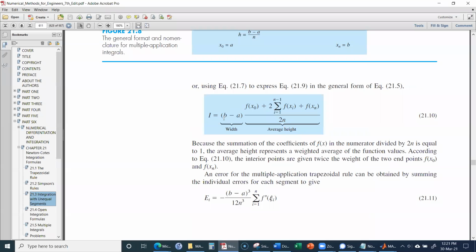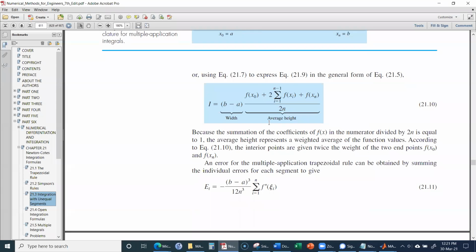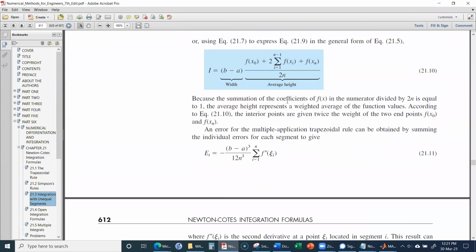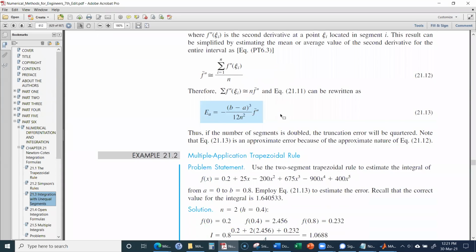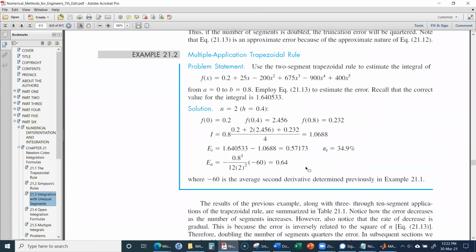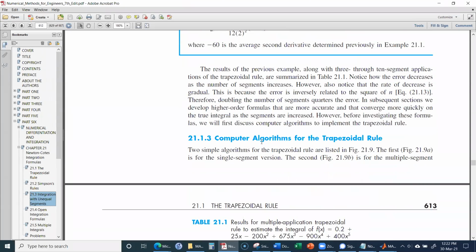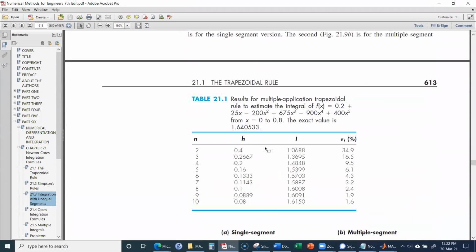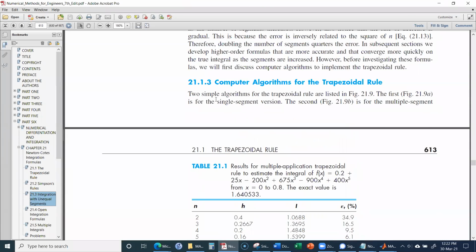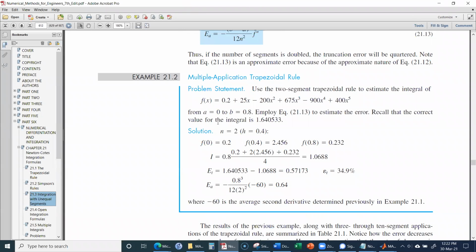For the multiple application, you can use this formula, and when we apply it, we can get these values. So let's apply the multiple application of the trapezoidal rule.